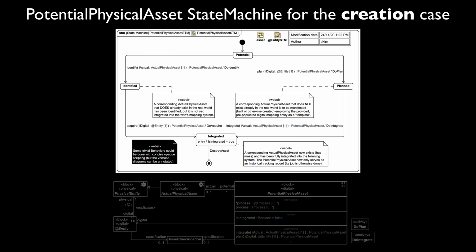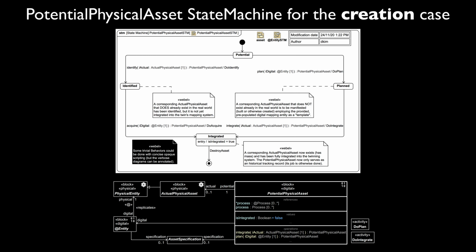The state machines are mostly as for the previous case, except for potential physical asset, the tracker, which will now be used to carry additional, including process-related information about how to create, build, manifest a new actual physical asset.